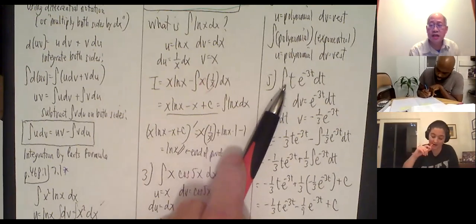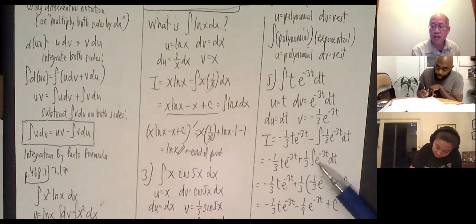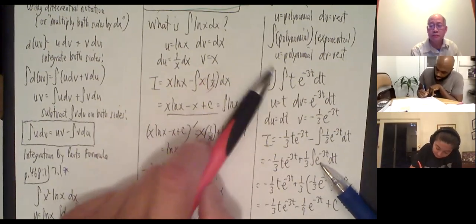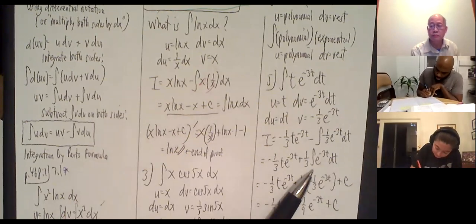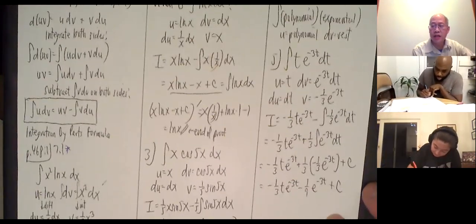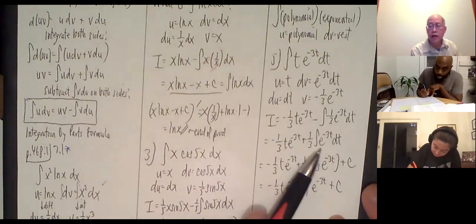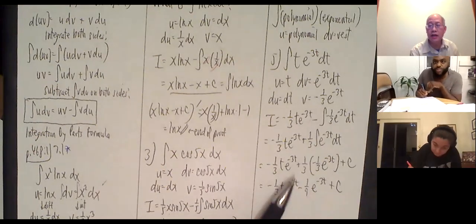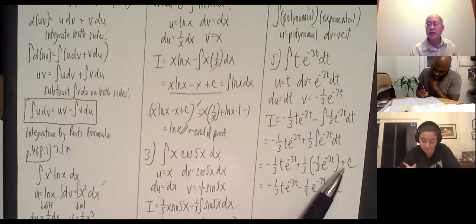I started off with t times e stuff, and now I just have e stuff. So it got better, right? I lost the t, which is what I want. And what's the integral of e to the negative 3t? We just did it. So leave that alone, leave the 1/3 alone. Integral of e to the negative 3t is negative 1/3 e to the negative 3t plus c.